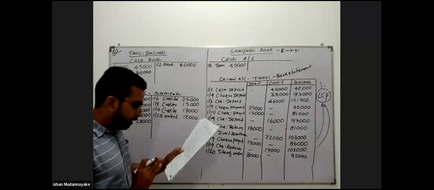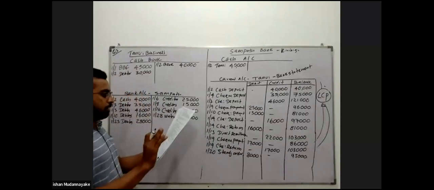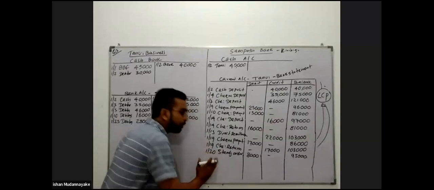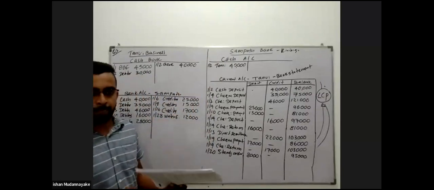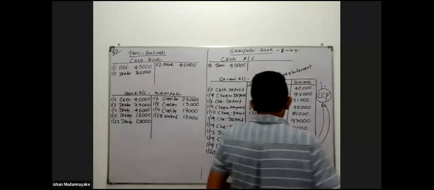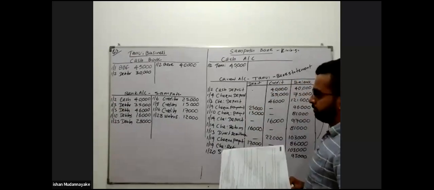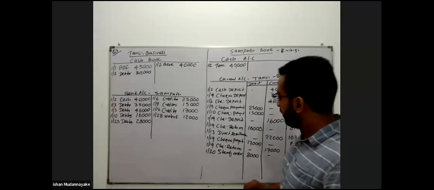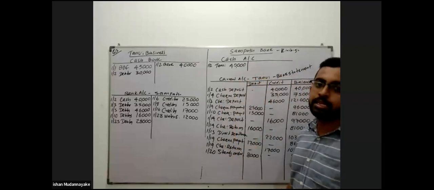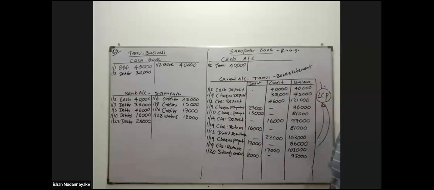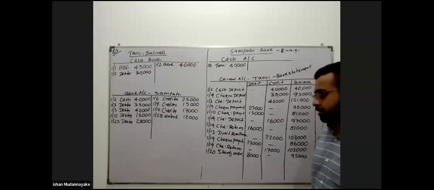But until 31st January, the commercial bank has not paid cash to the water board. Still unpresented. The commercial bank has not paid cash for this check to the water board.